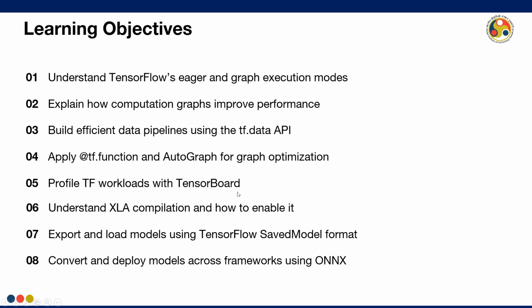The equivalent of that we will see in TensorFlow, but there are some differences and different use cases that we will also see. We will also cover the XLA compilation flow, and understand model transformations across different frameworks using ONNX. All these important topics we'll be covering.